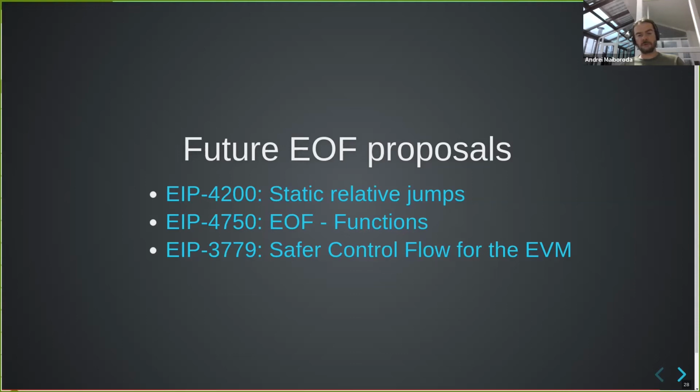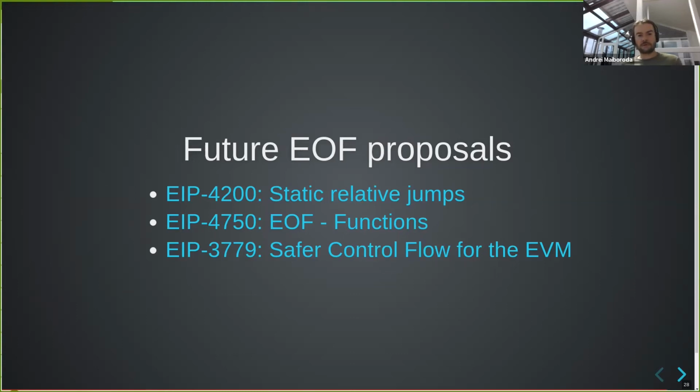They take it from an immediate argument in the bytecode, as opposed to taking it from the stack as current jumps do. And this is beneficial for a number of reasons. This can be seen as a step towards getting rid of dynamic jumps completely, which is desirable for some reasons.